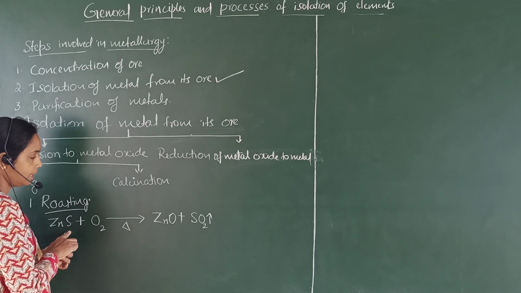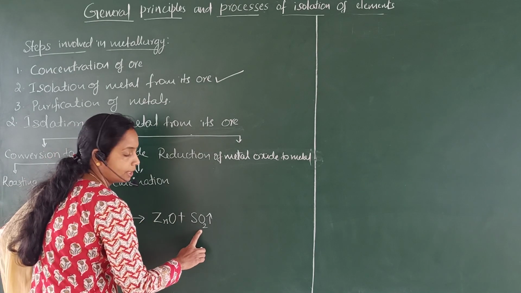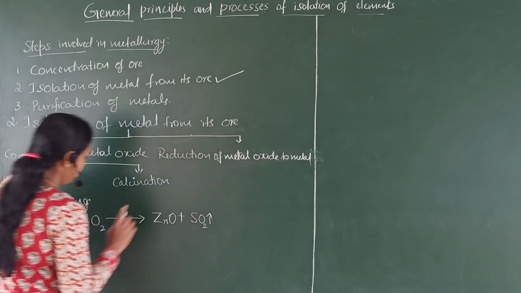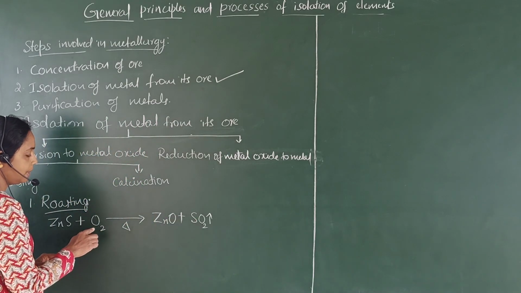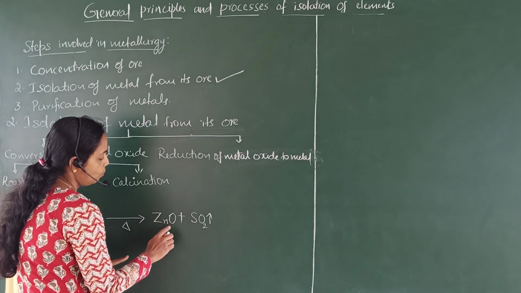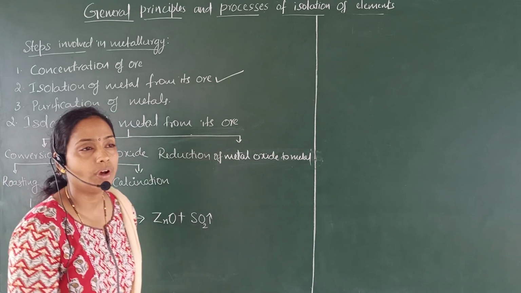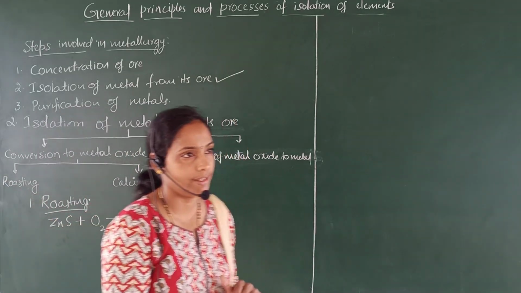The number of sulfur atoms on the left hand side is 1, and on the right hand side is 1. The number of oxygen atoms on the left hand side is 2, and on the right hand side 1 plus 2, that is 3. Here the number of oxygen atoms is not balanced.